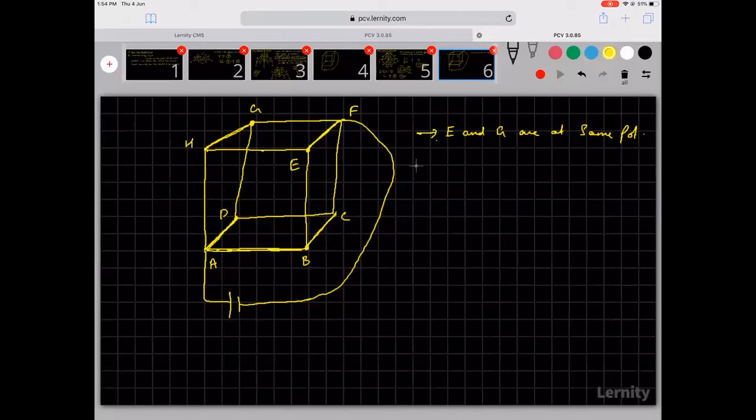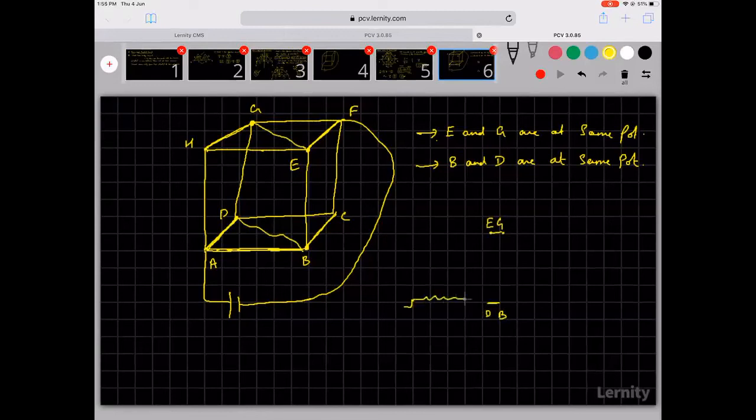So B and D, I can connect them without resistance. So now what I'm going to do is flatten the cube, bringing points E and G next to each other, and D and B next to each other, and I want to see what happens.